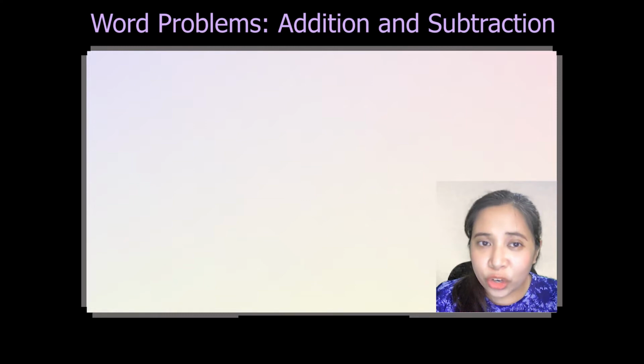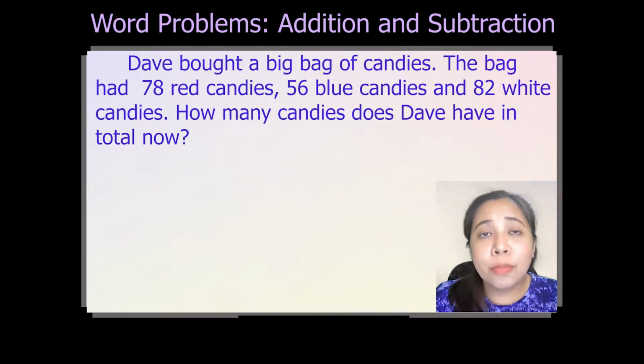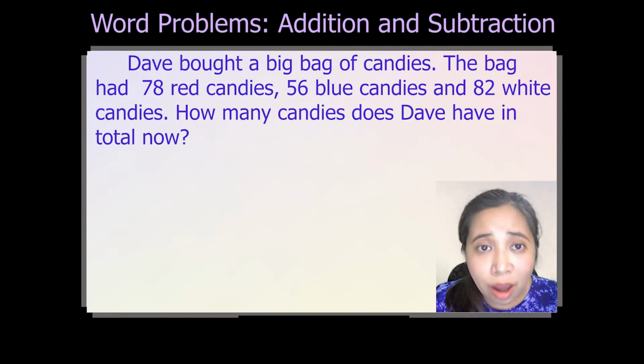Ang una nating word problem, Dave bought a big bag of candy. The bag had 78 red candies, 56 blue candies, and 82 white candies. Now, how many candies does Dave have in total now?